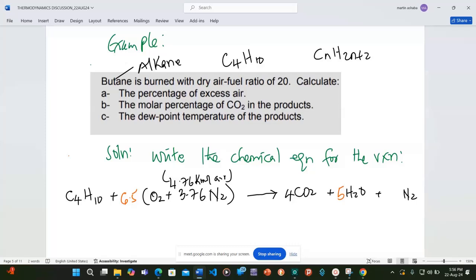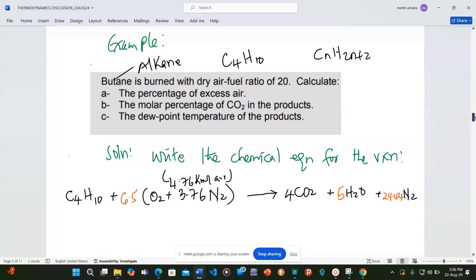So if it becomes 6.5, what is going to be the ratio of the moles of nitrogen? You get 6.5, you multiply by 3.76, and this is going to be 24.44 of nitrogen.